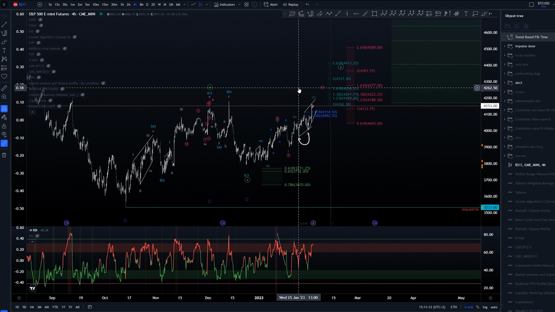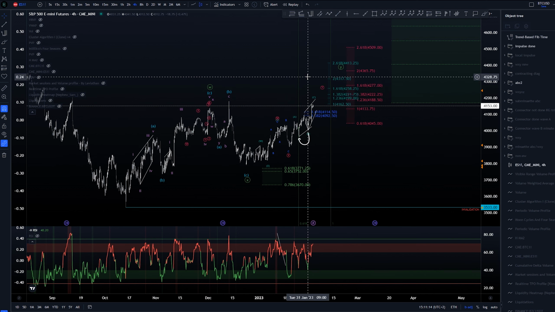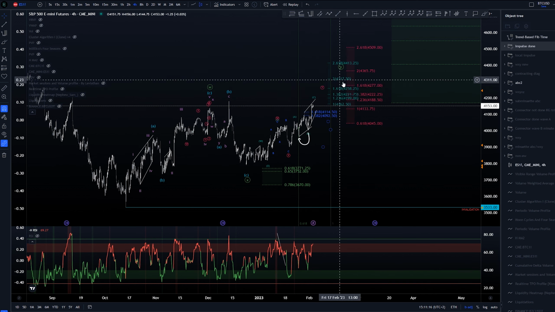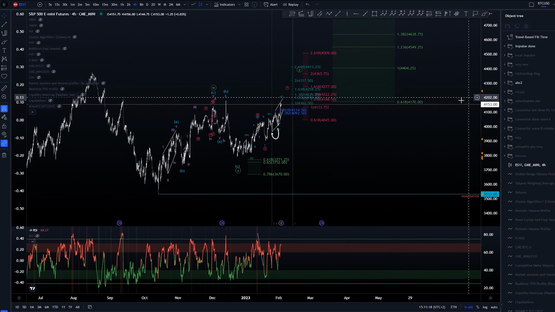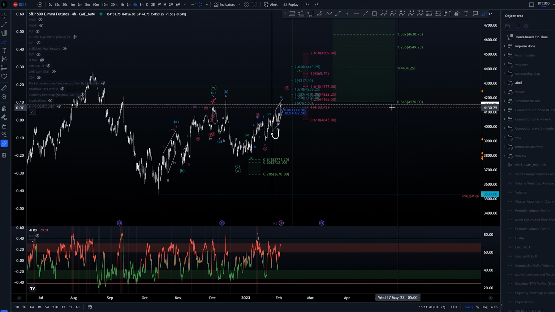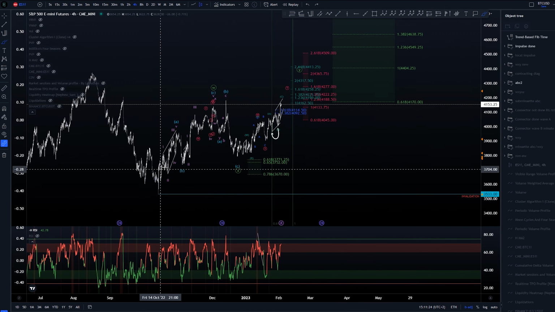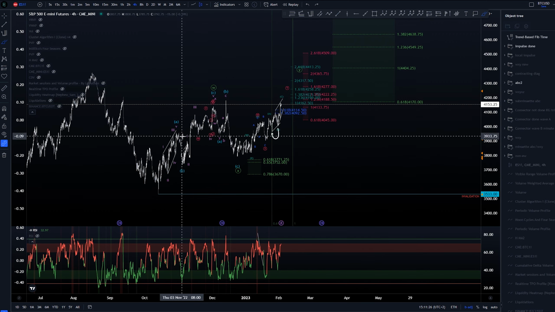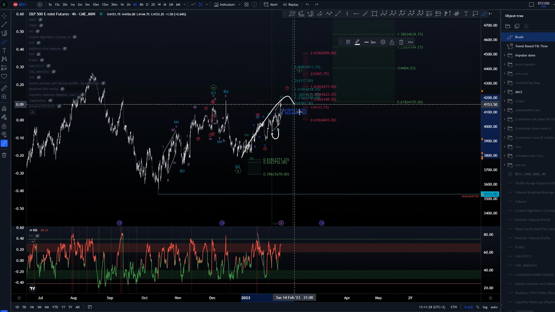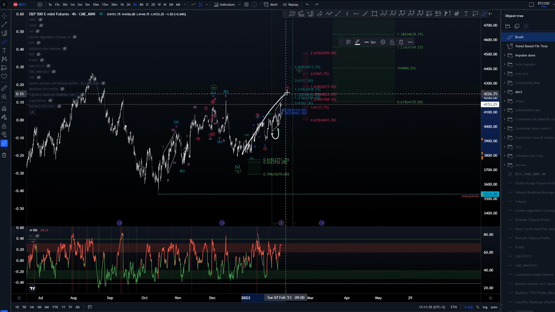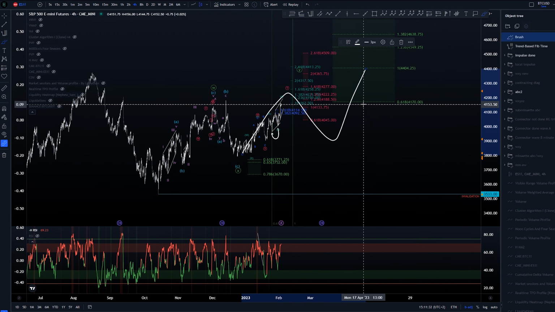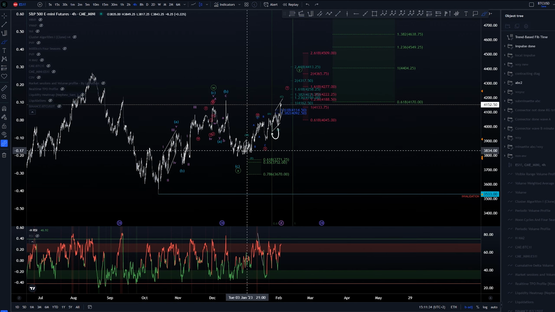The minimums that we want to be seeing are already met, but overall we want to be seeing a bit more than the 0.618. So there is also a possibility where this three-way structure is the start. That would be fitting the same as this wave A here. So this would be A, B and C, or a WXY, depending on how this is going to be forming.